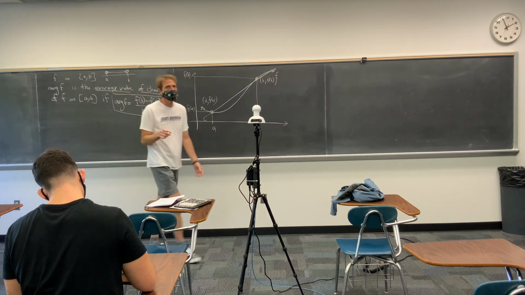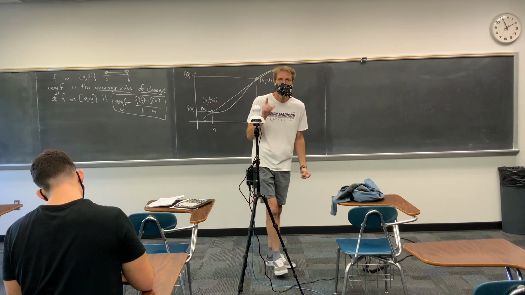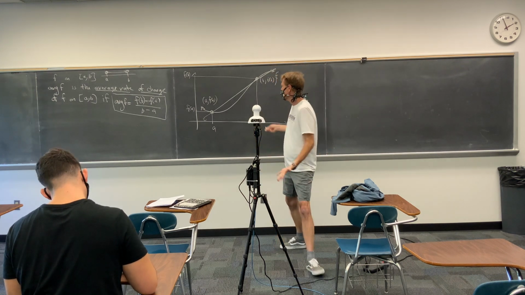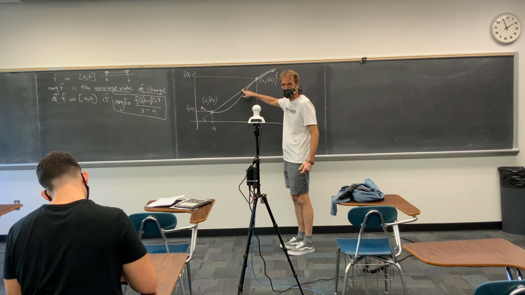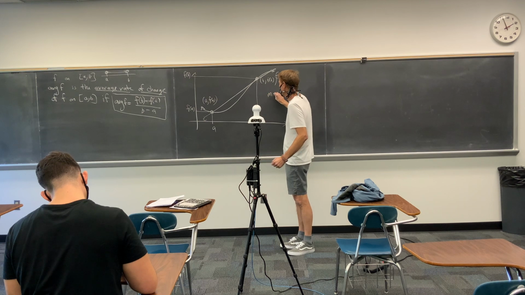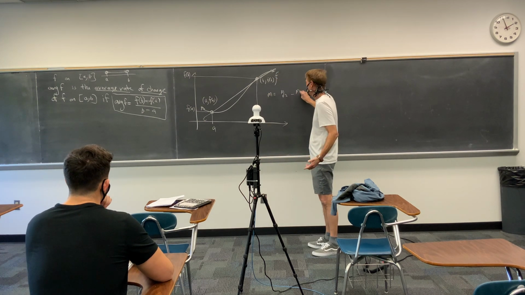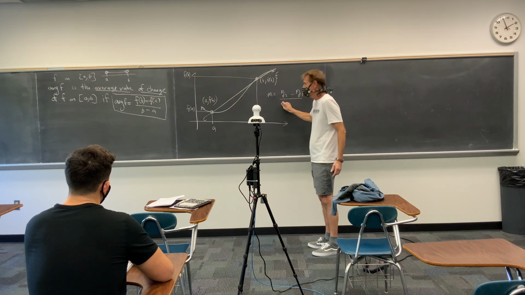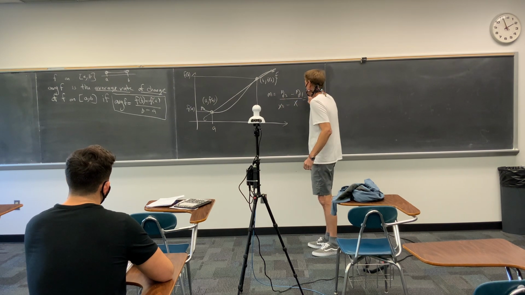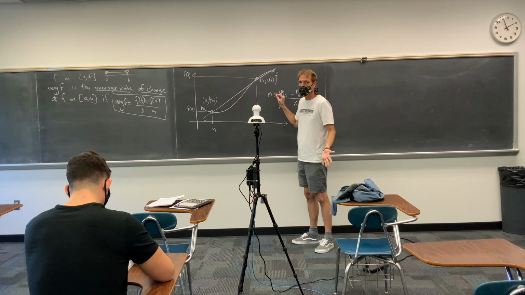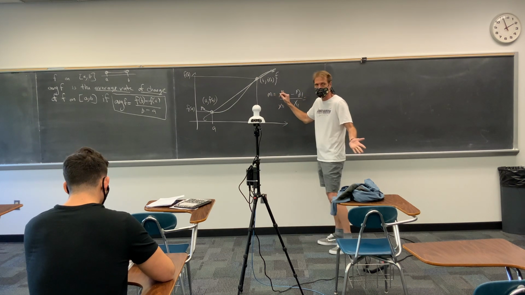If you have 2 points, can you get the slope? Yeah. So let's find the slope of that line. The slope of that line would be y2 minus y1 over x2 minus x1. But here, who's y2?